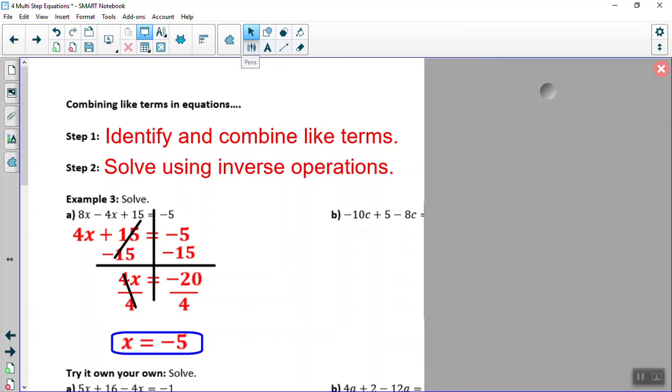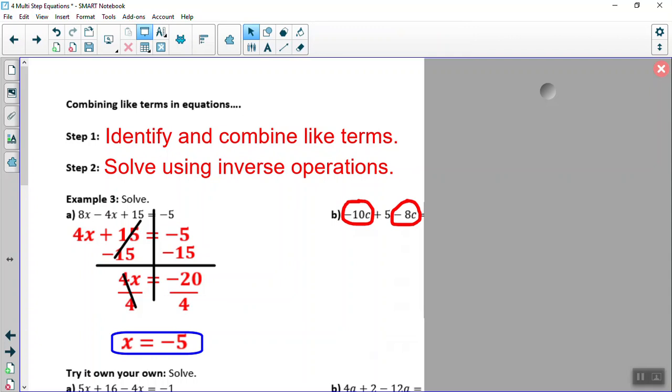So when I look at these, and let's see if I can circle like this, I've got negative 10c, and then its like term is this minus 8c. So they're the ones that would get grouped together. If that plus 5 was not there, my math problem would read negative 10c minus 8c.